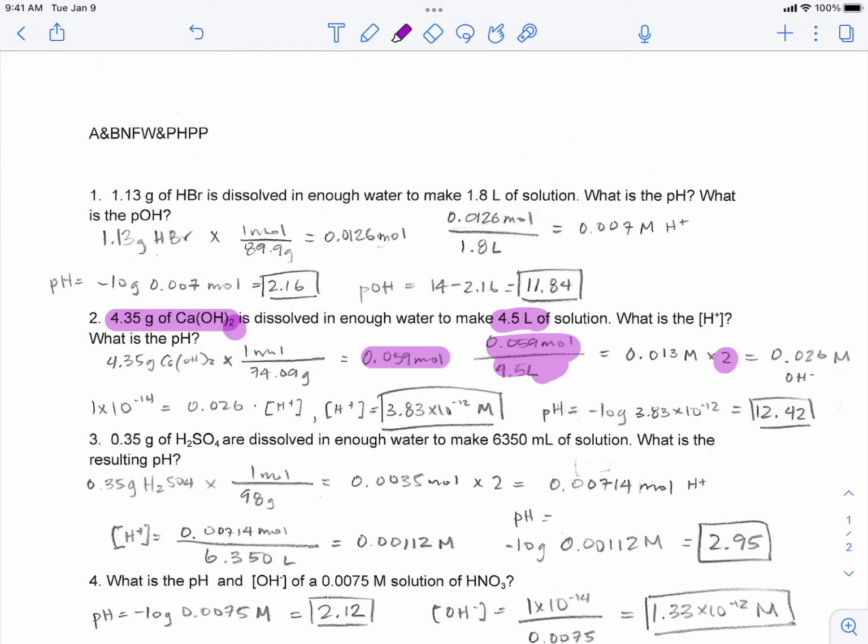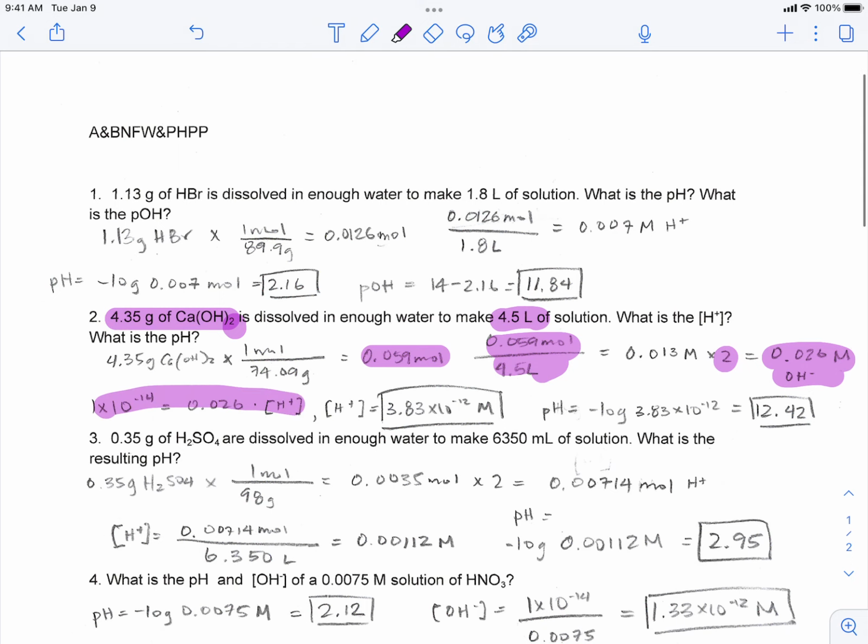And since it is the OH, then this is the concentration of OH. So my concentration of OH minus is 0.026 molar. Once you know that, you can rearrange and solve for some other things. Like here, I use the KW equation, and I solved for H plus. And then once I know H plus, you can just take the negative log of that H plus and find your pH.